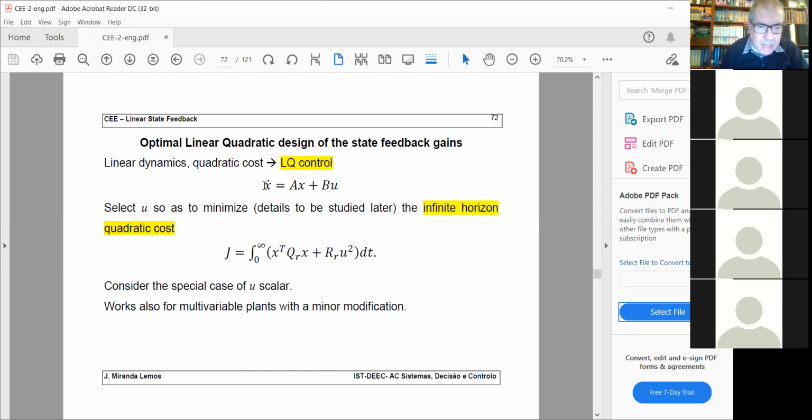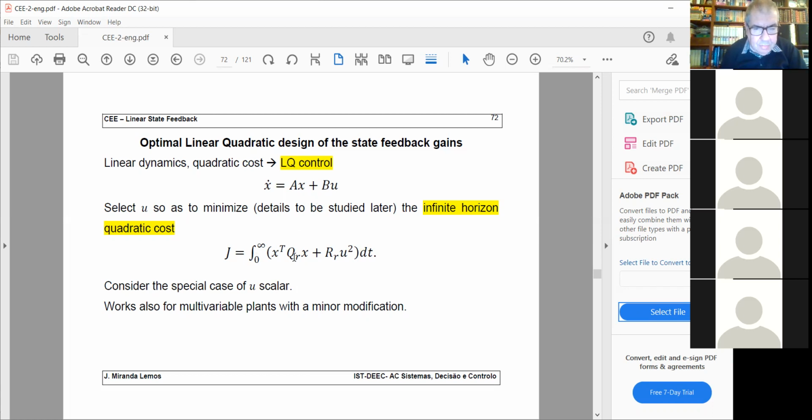And this criteria is this. Suppose that you have your plant x dot equal to Ax plus Bu. So you select your u such that this integral between 0 and infinity, and you see that you have a quadratic form in x and a quadratic form in u. Okay, actually it's u squared.